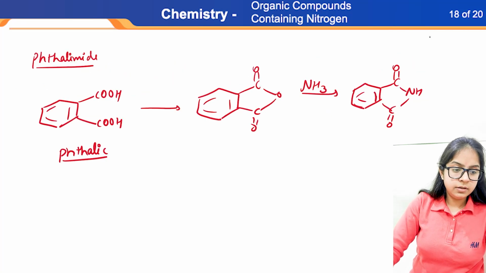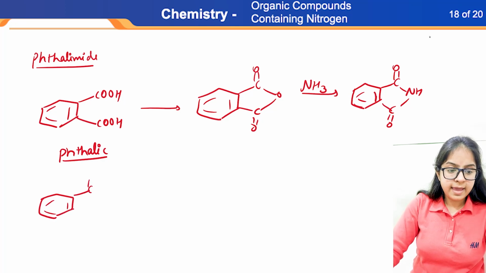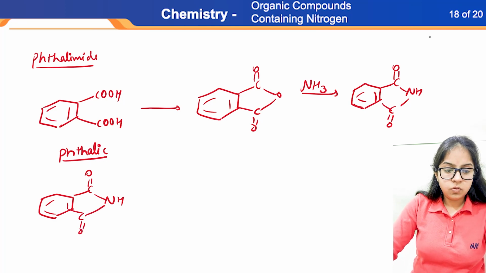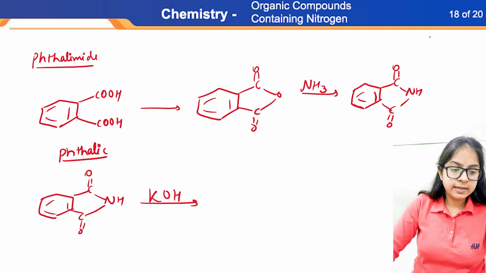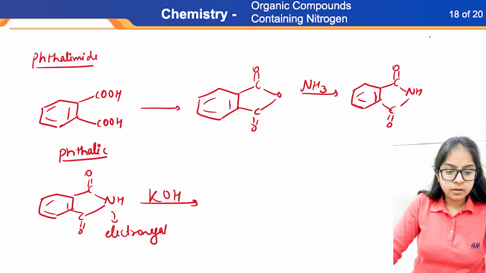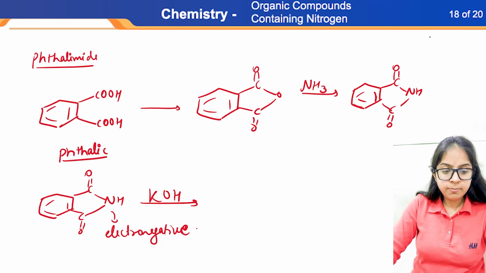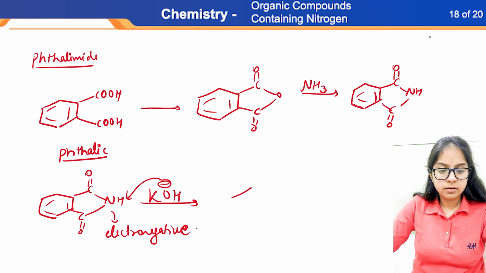Nitrogen is an electronegative atom, so it wants to have a negative charge over here. So OH negative is going to attack this. It will be CO, N minus K positive.